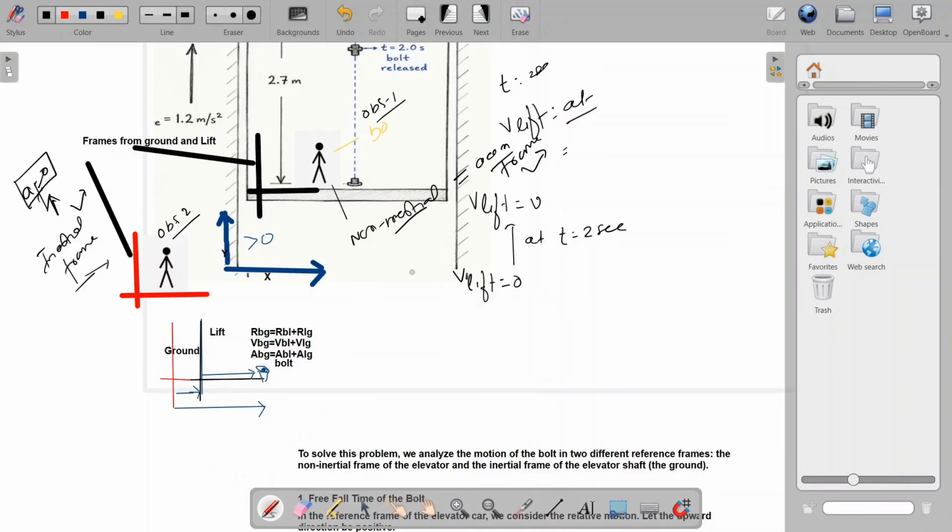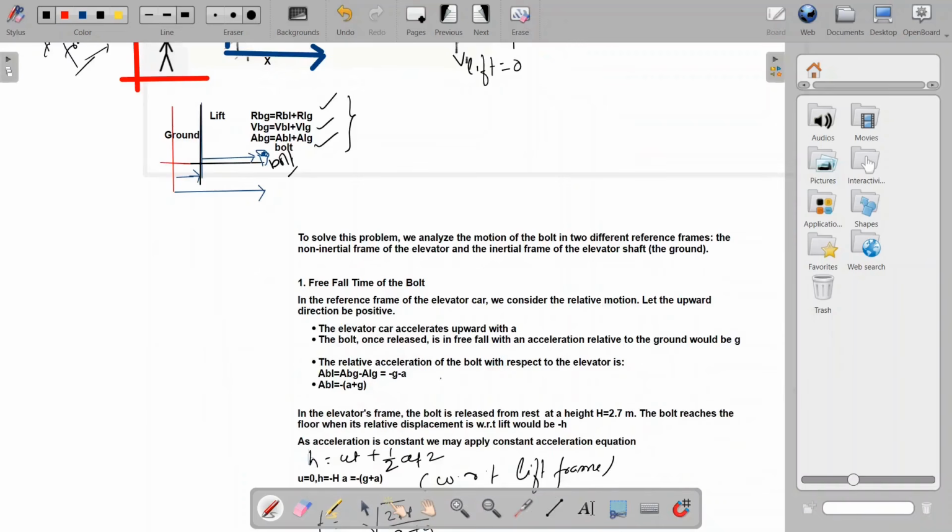The bolt is released from rest with respect to the observer inside the elevator. Therefore, the initial velocity of the bolt relative to the elevator is 0. Now, we need to calculate the acceleration of the bolt relative to the elevator. The relative acceleration is given by the acceleration of the bolt with respect to the ground minus the acceleration of the elevator with respect to the ground.